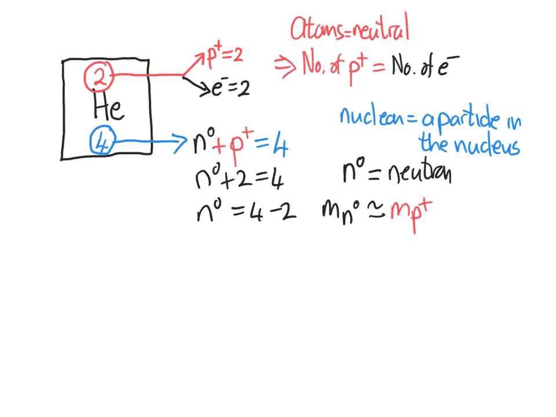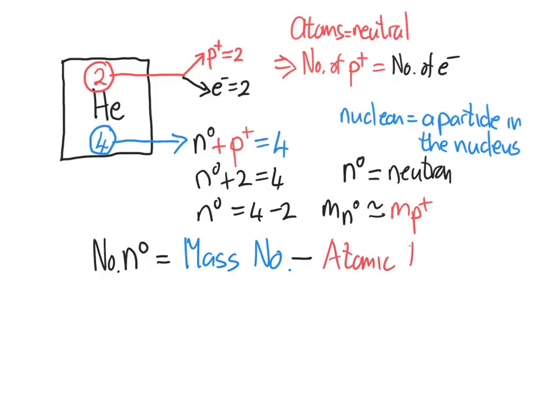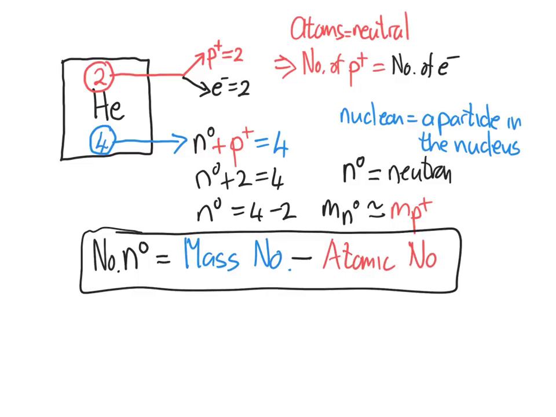So we can make a little formula here: the number of neutrons equals the mass number minus the atomic number. And that is a general formula that we are going to use to determine the number of neutrons in the nucleus of an atom.